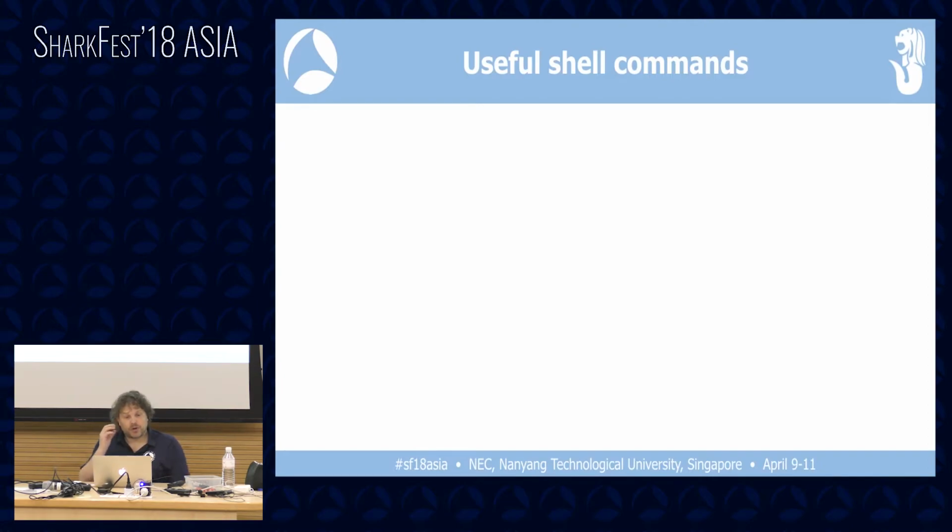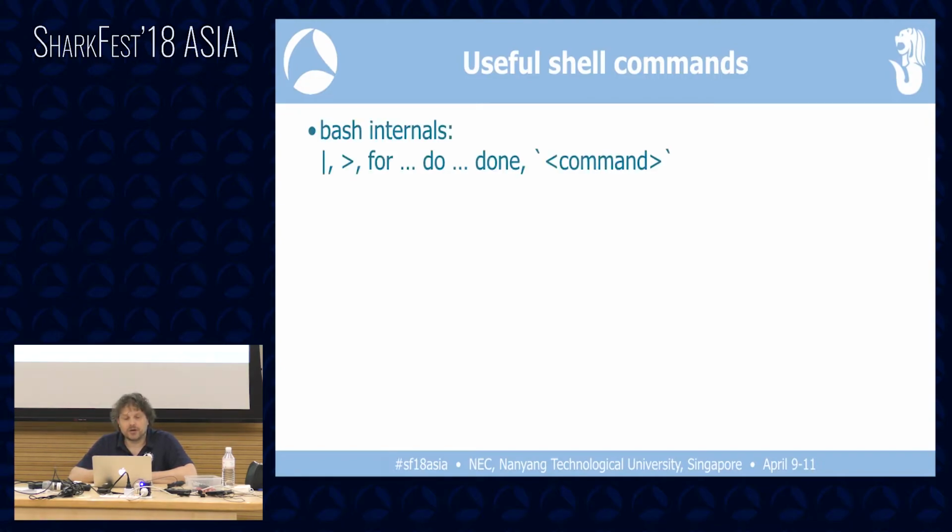So, if you want to post-process the results of tshark, then there's a couple of useful commands. I'm going to go quickly through it because it's basically a Linux course, which I'm not here for, but these are the commands that I find useful to work with. Of course, the pipe command, the redirect, a for loop, or the backticks to execute a command and use the output of it. I'm going to use those in the examples. Cut to select stuff.